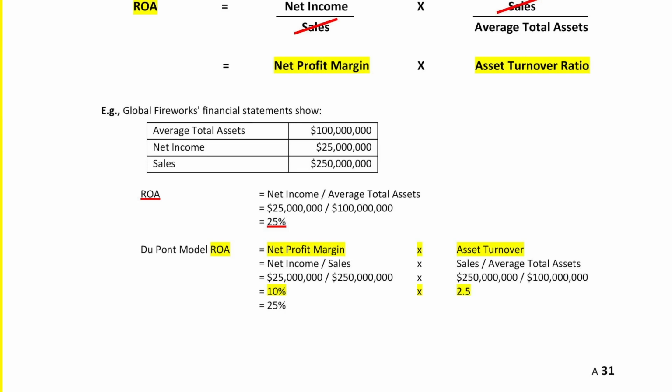Now 10% multiplied by 2.5 gives us, highlight, 25%. This is the same result that we got in our earlier calculations. So we can also use the DuPont model to calculate the return on assets. Remember, return on assets is equal to net profit margin multiplied by asset turnover ratio.